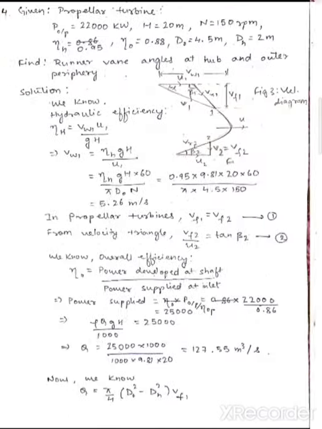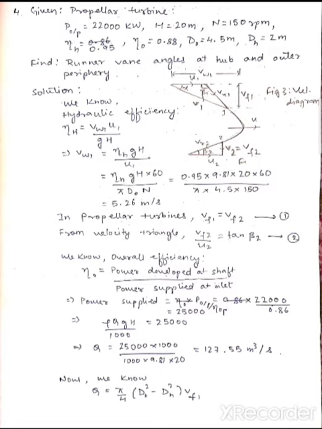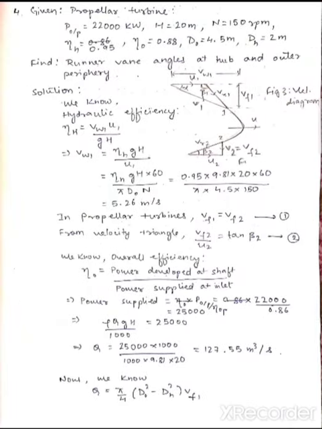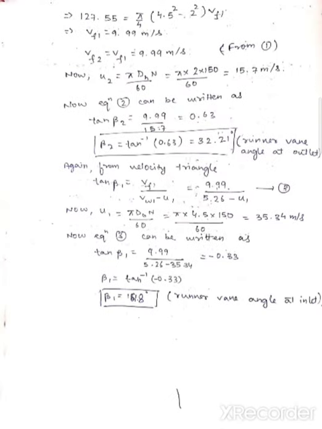Now we'll again see this velocity diagram at the inlet, where tan of beta 1 will be equal to vf1 divided by vw1 minus u1, which I have written as equation 3.